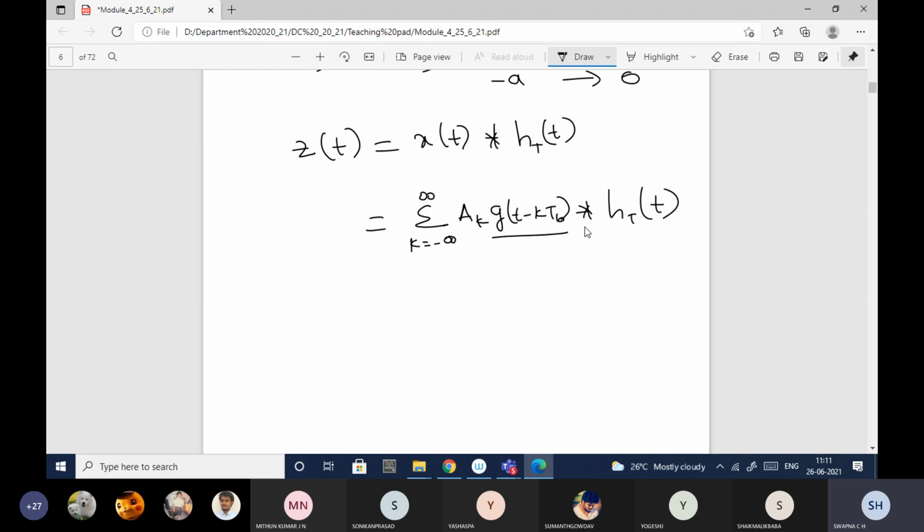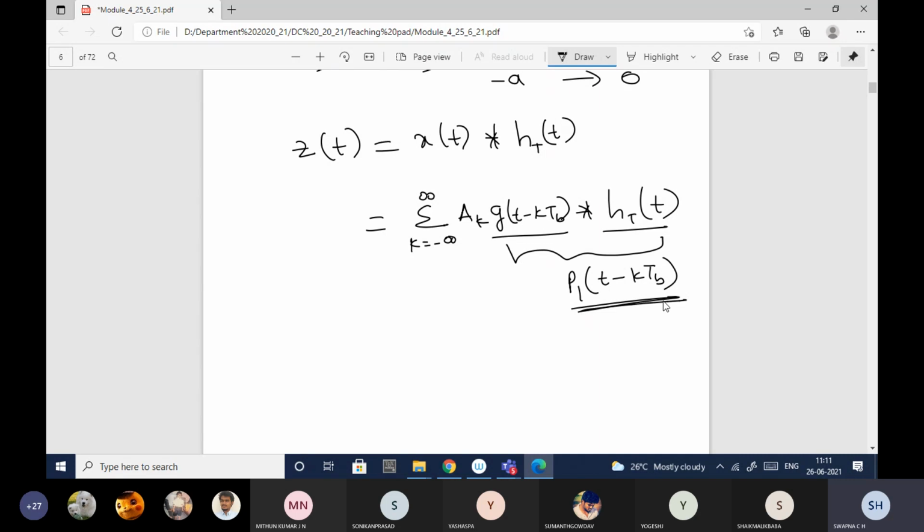When this shifted version gets convolved with the function h_T of t, it will give me one more signal. Let me name that signal p1 of t. There is some shift in the time domain, so the same shift will happen with this p1 of t also. p1 of t is some random signal, and I denote the result as p1 of (t minus kT_b).